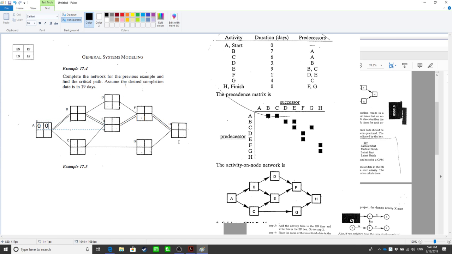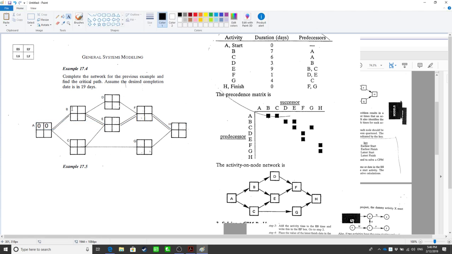First, it asks you to identify all the cells that are doable now. Can we do D at this moment? No, because D needs B. But we can do B at this moment, because B needs A, and A is finished.